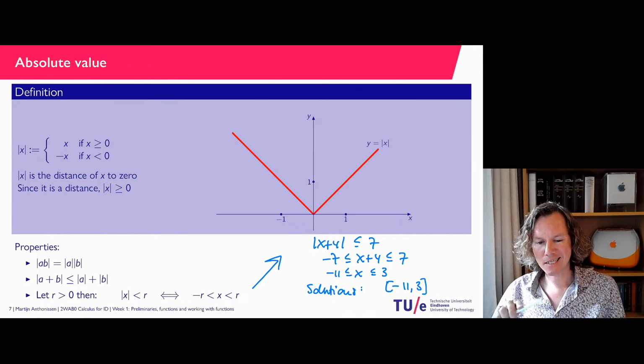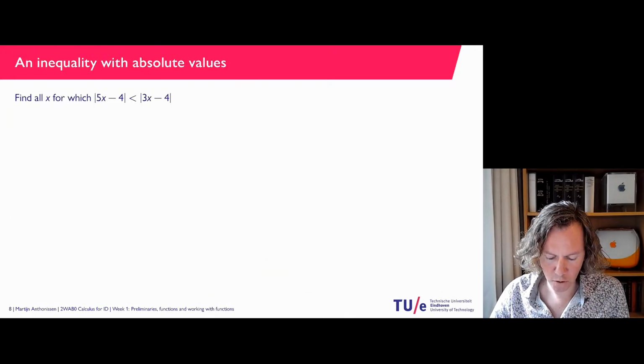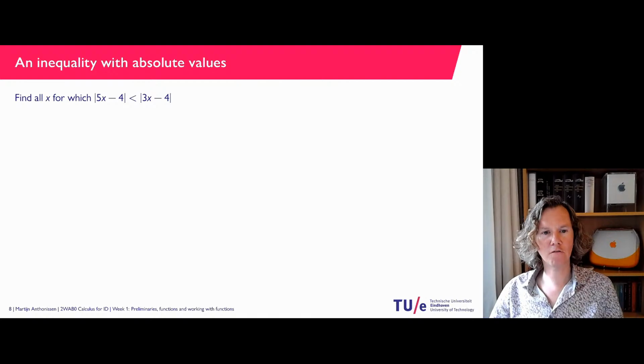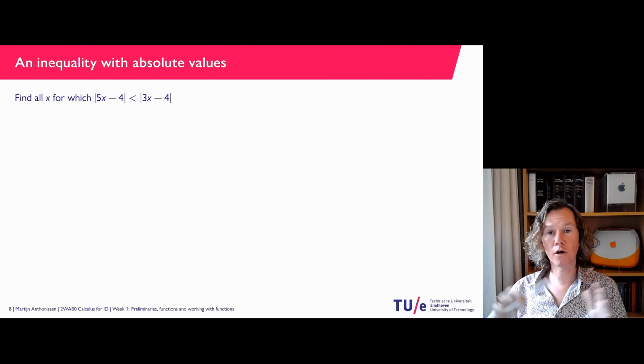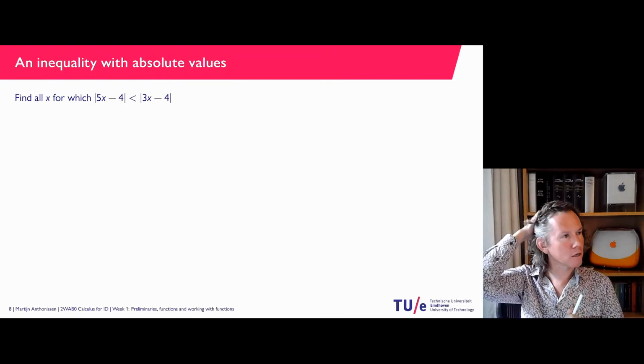You can get kind of nasty inequalities with the absolute value. So here is one of those. It says find all x values for which the absolute value of 5x minus 4 is less than the absolute value of 3x minus 4. If you don't know how to do this, they can be kind of tricky.